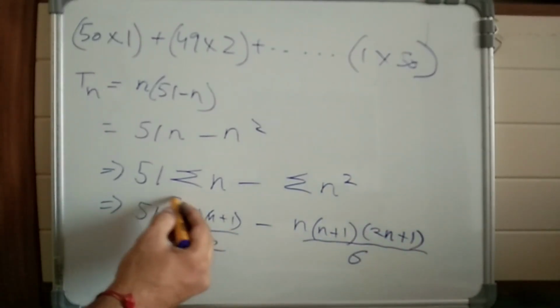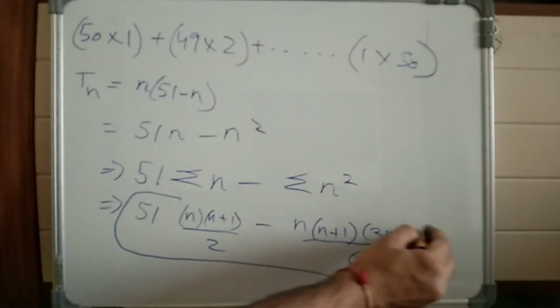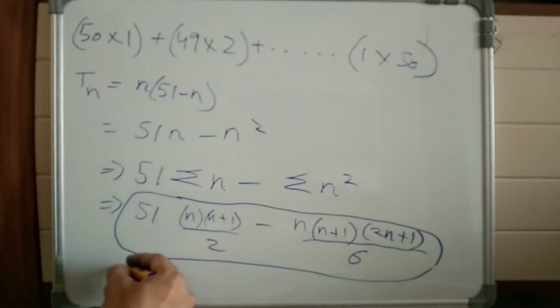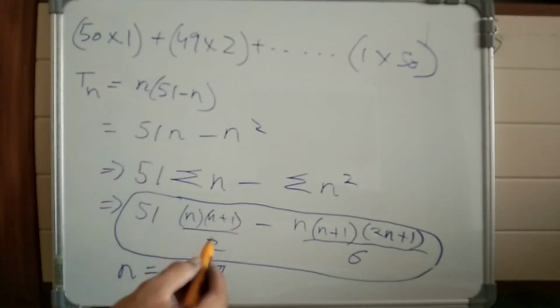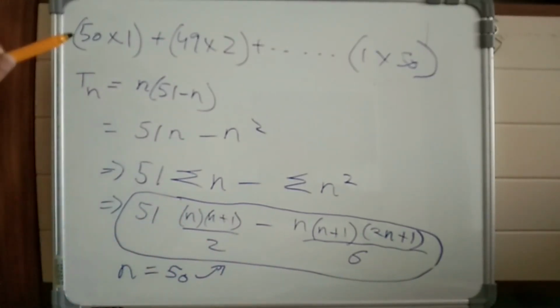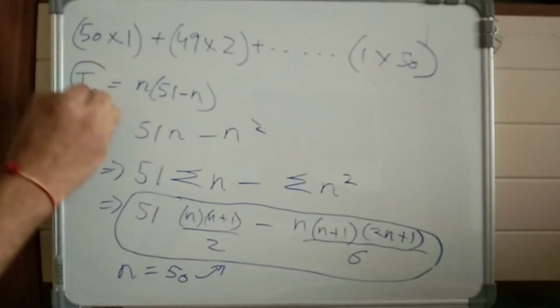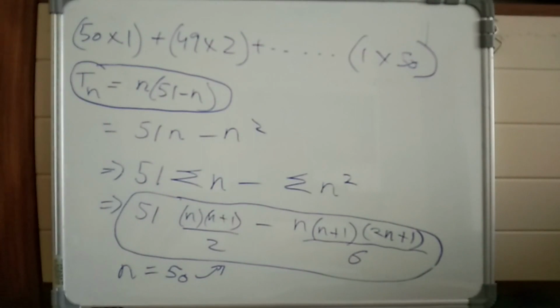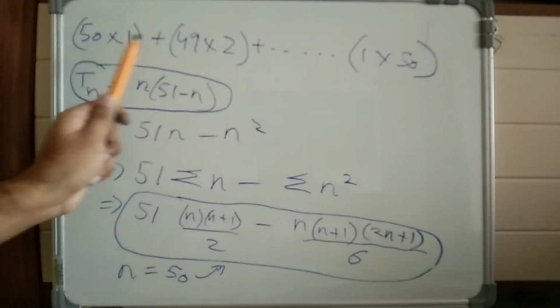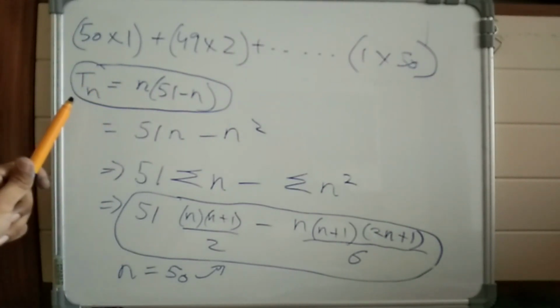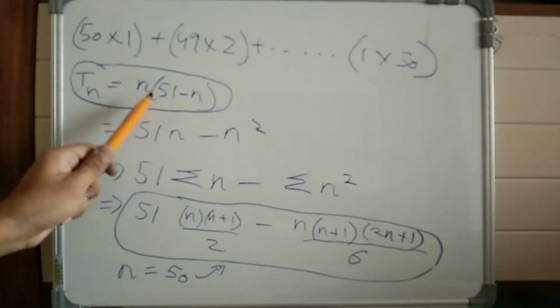Now I just have to put the value n equal to 50, and I can easily find the sum of this series. The main point is to write the Tn: we just have to observe that the sum of each and every term is constant, that is 51, so we wrote the Tn in this way.